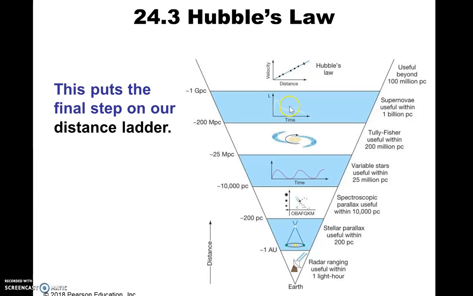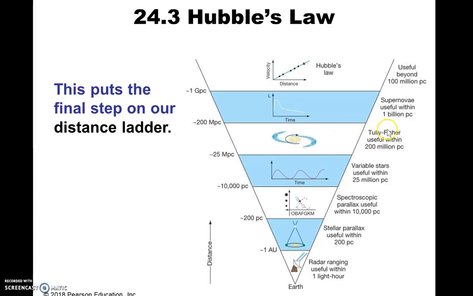And of course, there's overlap between using the type 1 supernova and these other methods. For example, there are galaxies that are relatively close by, spiral galaxies, I should say.